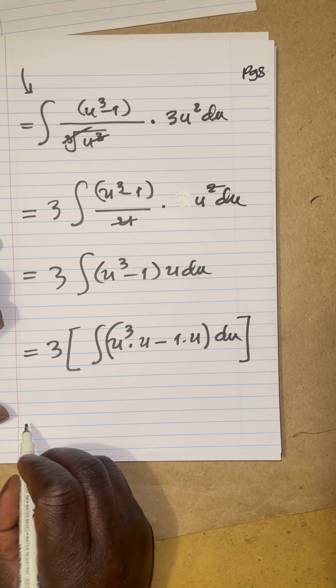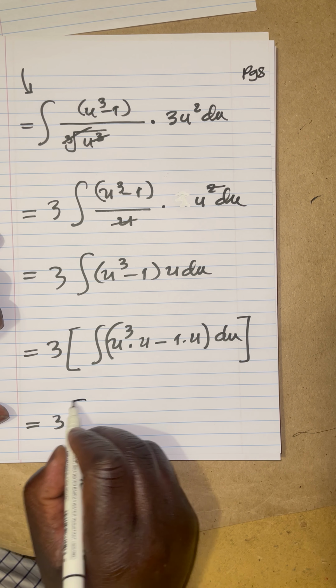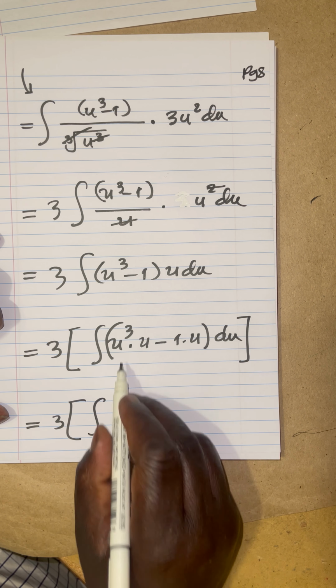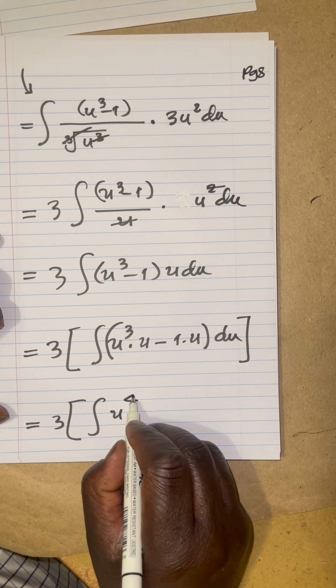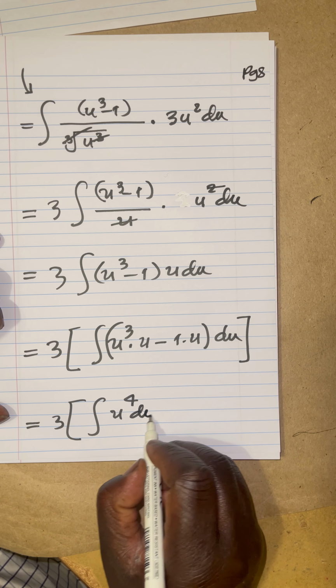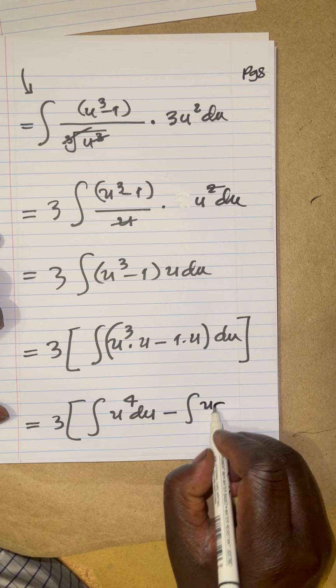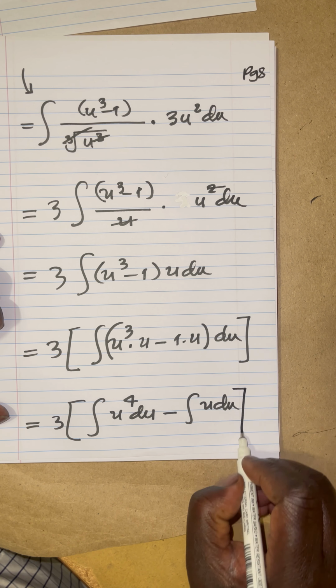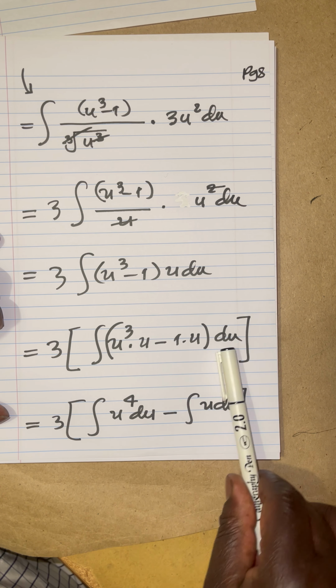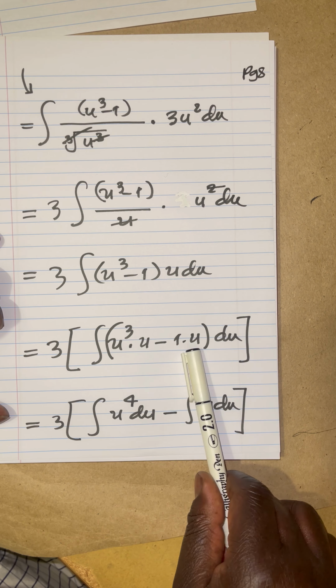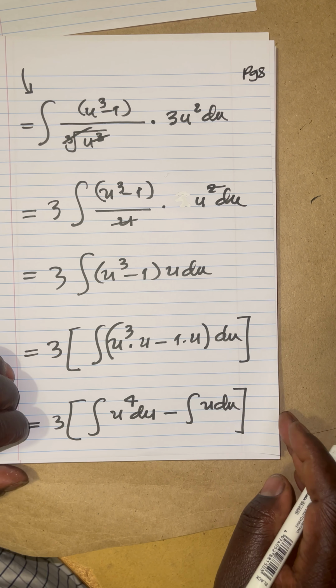What do we do in the next step? I'm going to keep the 3 outside, and then I'm going to say the integral of u⁴ du minus the integral of u du, like so. Distribute this and that. This is u⁴, and that's just u. Evaluating these two integrals, we get page 9.